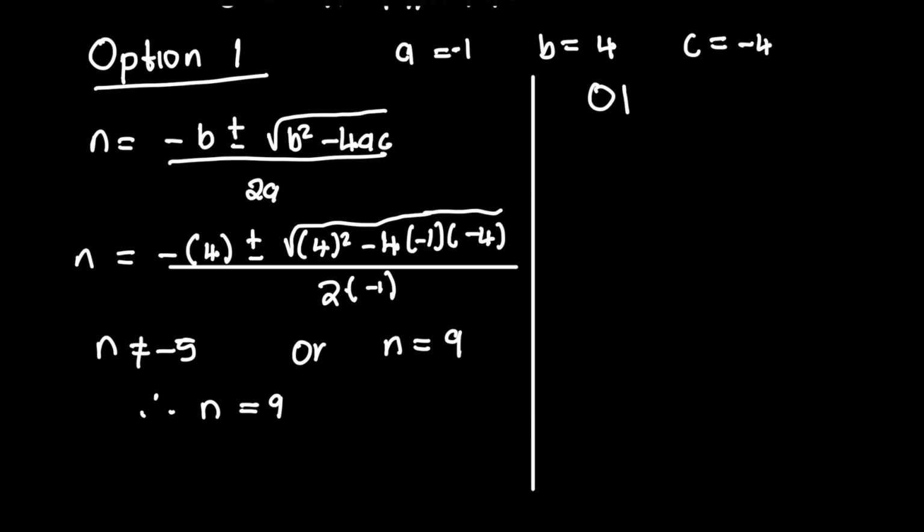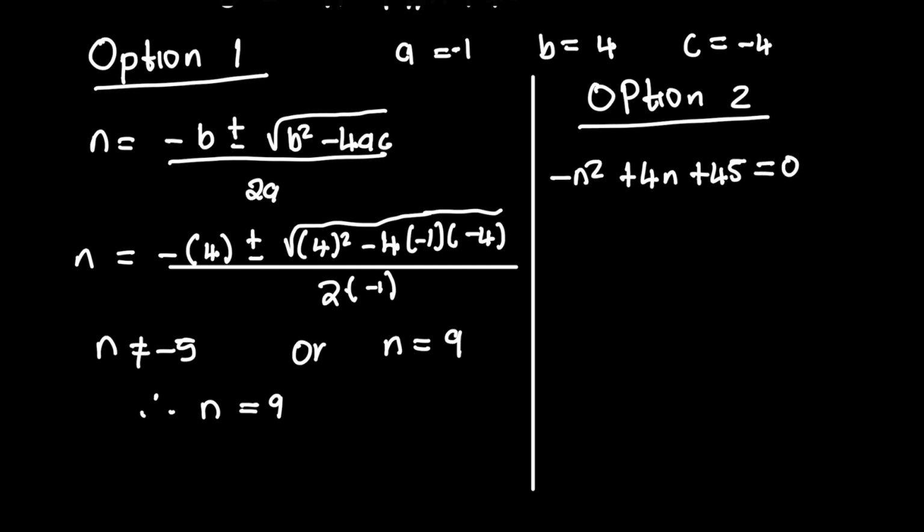Option 2, we're going to factorize. We're going to copy the equation as it is. It's going to be negative n squared plus 4n plus 45 equals 0.